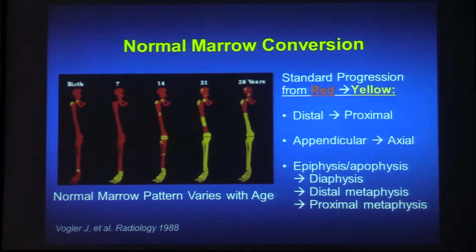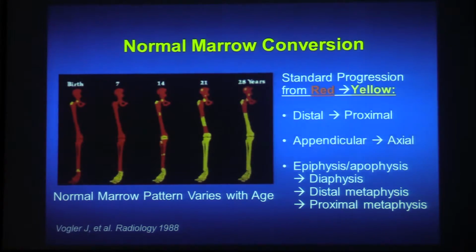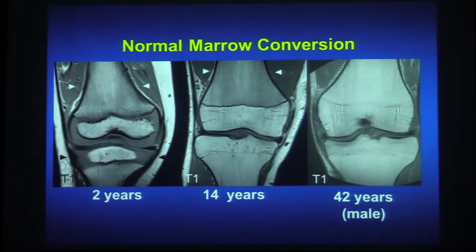First the epiphysis or the apophysis, like the greater trochanter that you see here. Then the distal metaphysis, then the diaphysis. So you see that demonstrated here. The diaphysis turns fatty, and then the metaphysis turns from red to fatty marrow. And this progression occurs in everybody, and it occurs uniformly as you age. And here it is shown on MRI.